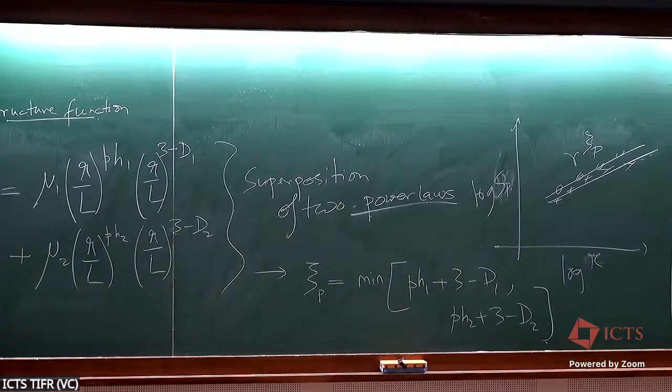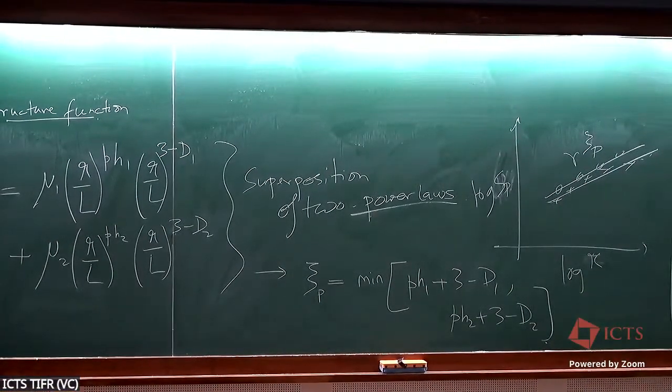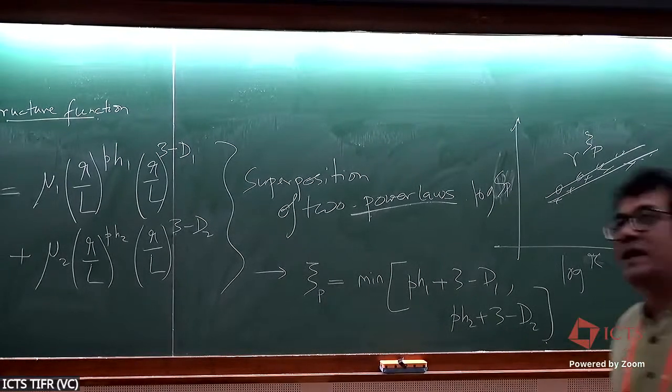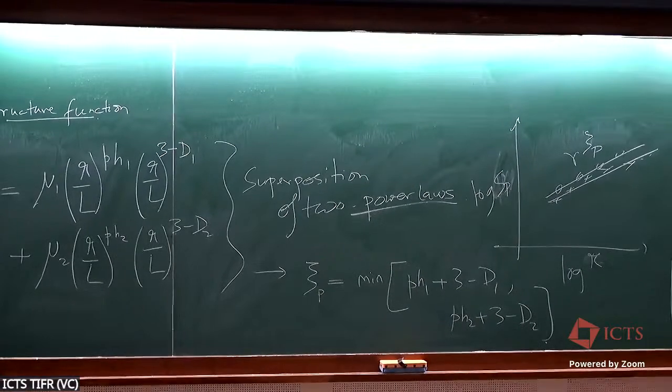So let's take one example. The first example we can think of is the following. Kolmogorov did tell us that that's going to happen. Depending on your point of view, you can say that Kolmogorov was wrong just by a little bit, or that the idea itself is not completely consistent with what we understand about turbulence.